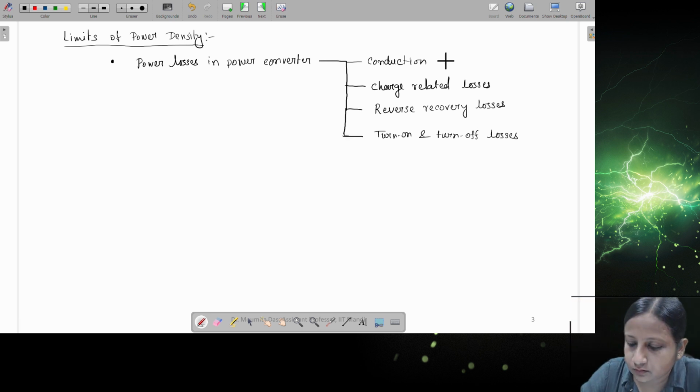These are the different losses which cause this power density problem.